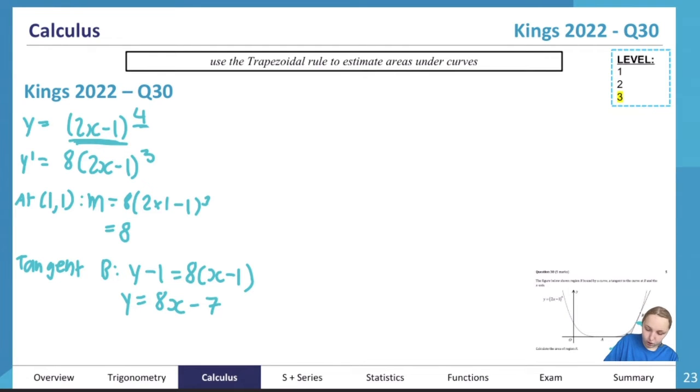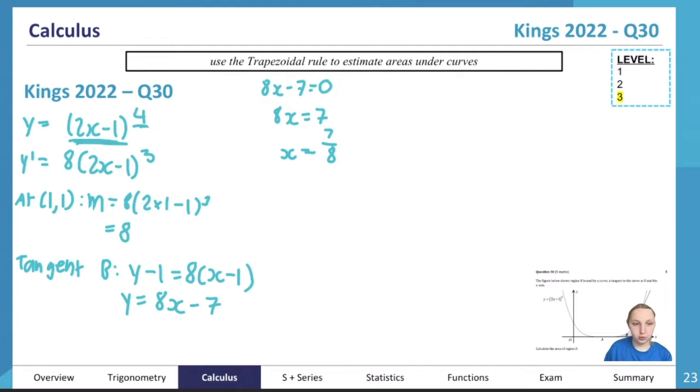So we make 8x minus 7 equal to 0 to find that x-intercept. Then 8x equals 7, and x is equal to 7 on 8. I'm going to erase some of this to make it clearer. Here we are finding the area of this triangle that our straight line is making.